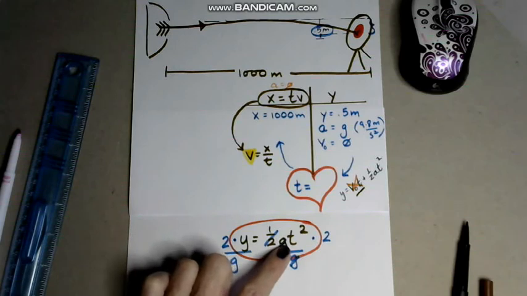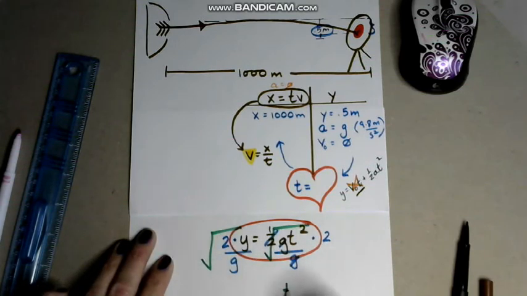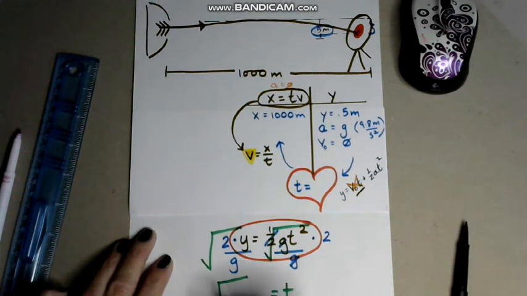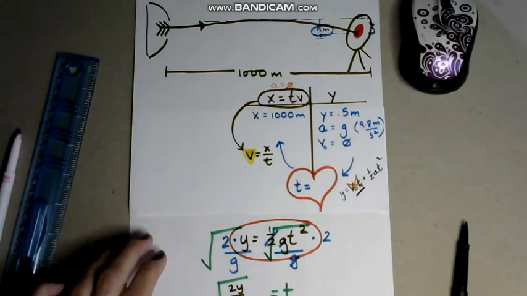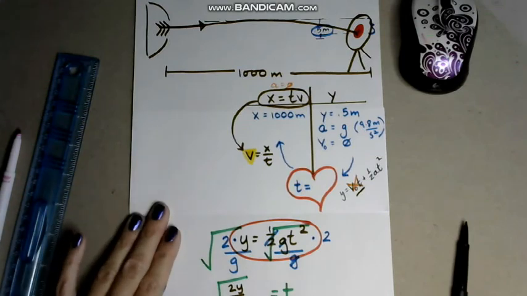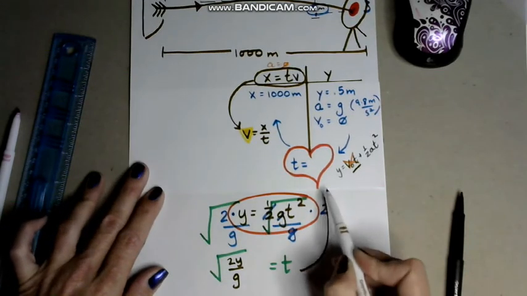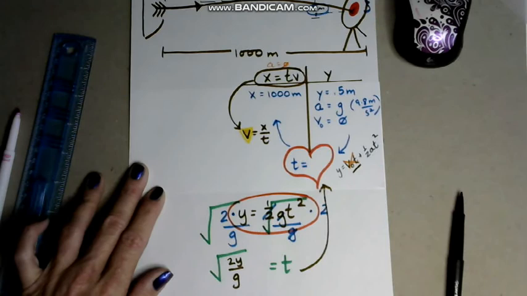And then I square root everything so that I get time equals the square root of 2y over g. All right, take this time to go ahead and calculate t. And I want you to put that t in here. Go ahead and do that now.